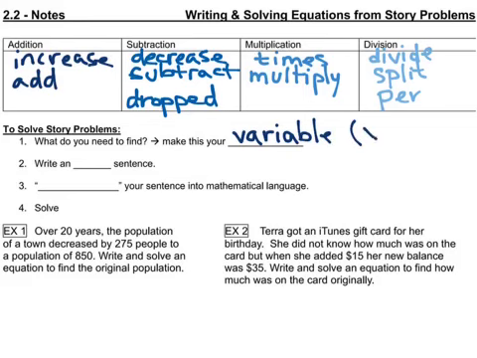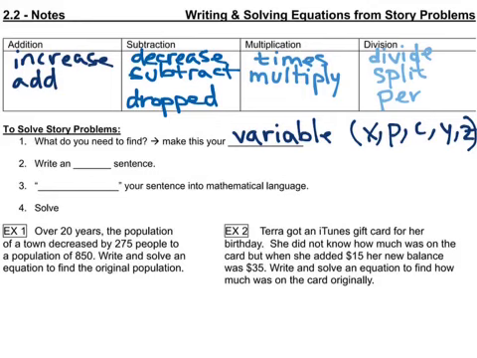You're going to make that your x, or maybe in this case, original population, you could have a P stand for population. I wouldn't go with O for original because that looks like a 0. And then on the card originally, you might say C. You could use really any letter that you would want, as long as it doesn't look like a number.